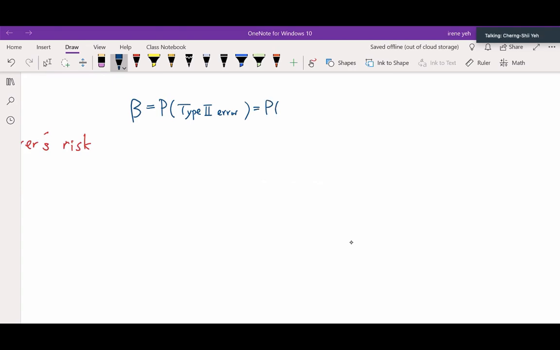A type 2 error is when, in our hypothesis testing, we fail to reject my null hypothesis when in reality my H0 is false. Right? That's the definition. Let's give you an example.